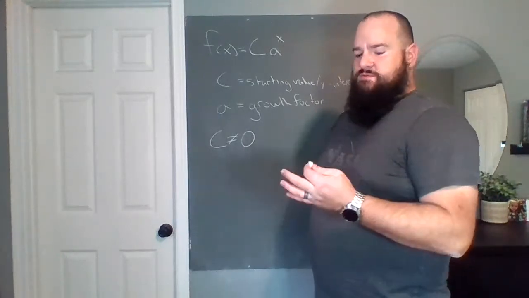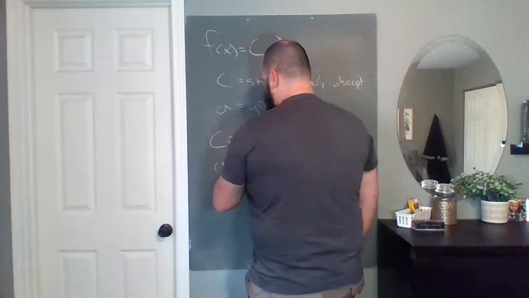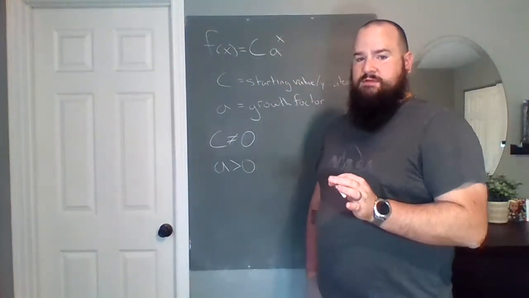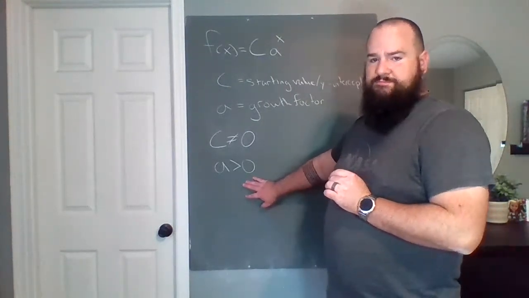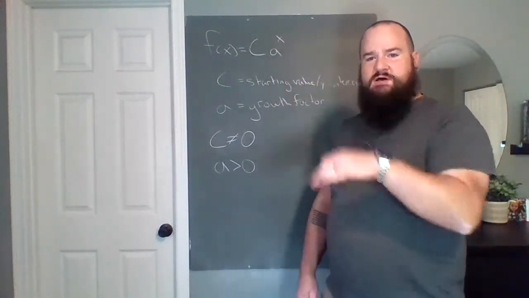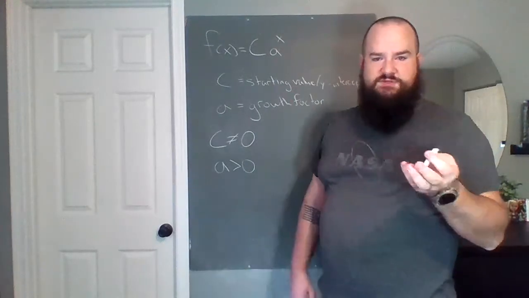So another restriction we have is that a has to be greater than 0. Now notice it's not greater than or equal, but strictly greater than. If a is negative, we get this really crazy function. It bounces all over the place, depending on what x is. Because let's say a is negative 2.